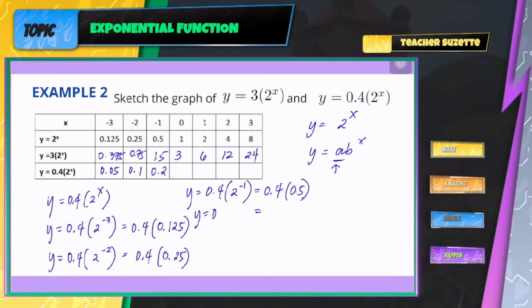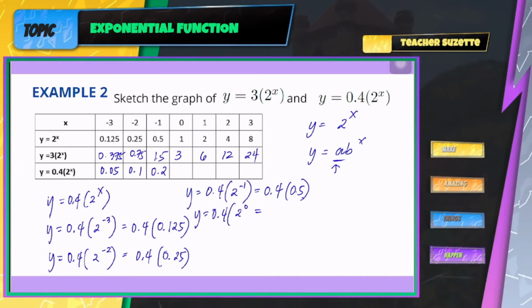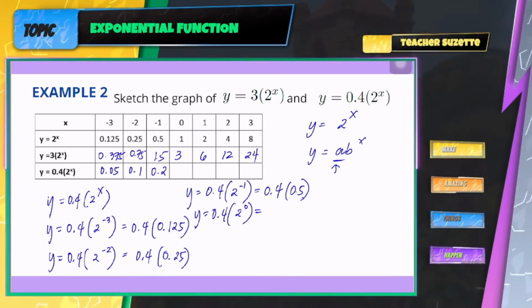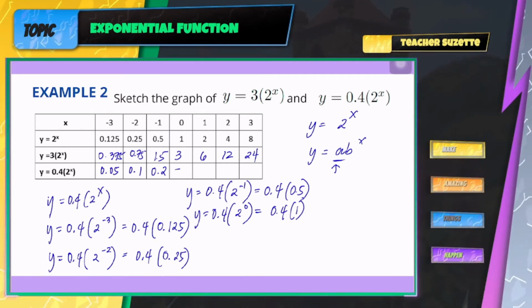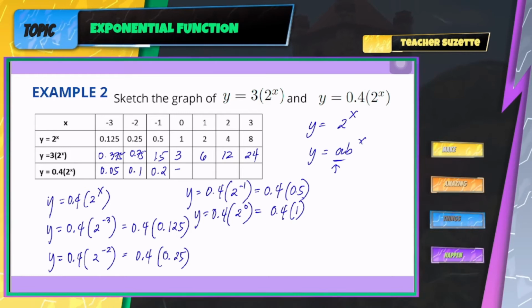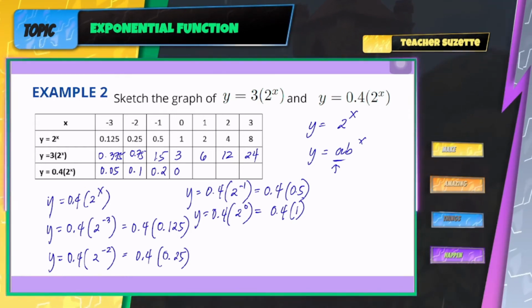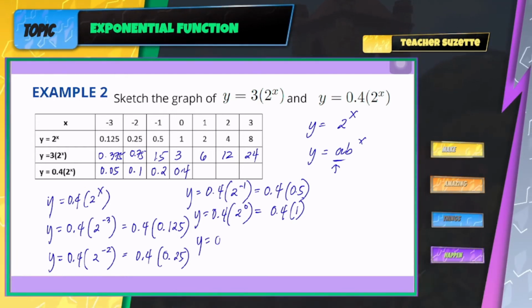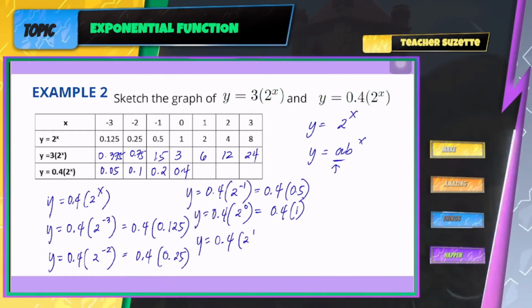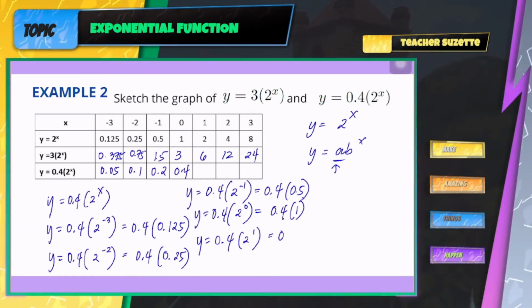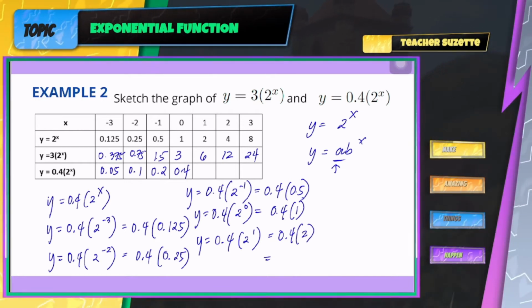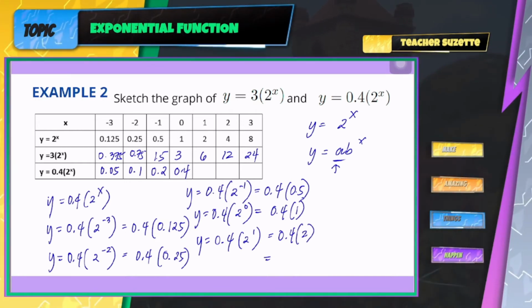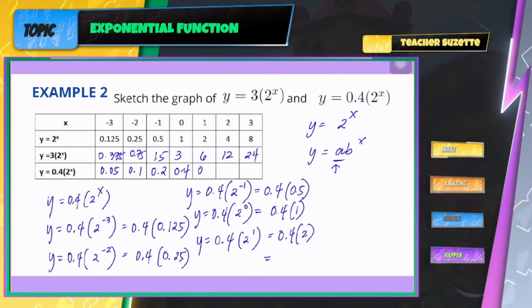Next, y equals 0.4 times 2 raised to 0, and 2 raised to 0 is equal to 1. So, you will have 0.4 times 1, equal to positive 0.4. Next, we have 0.4 times 2 raised to 1, and 2 raised to 1 is equal to 2. So, 2 times 0.4 is equal to 0.8.